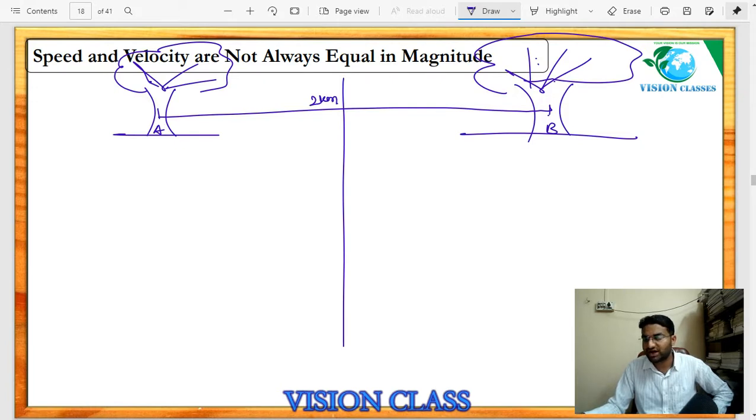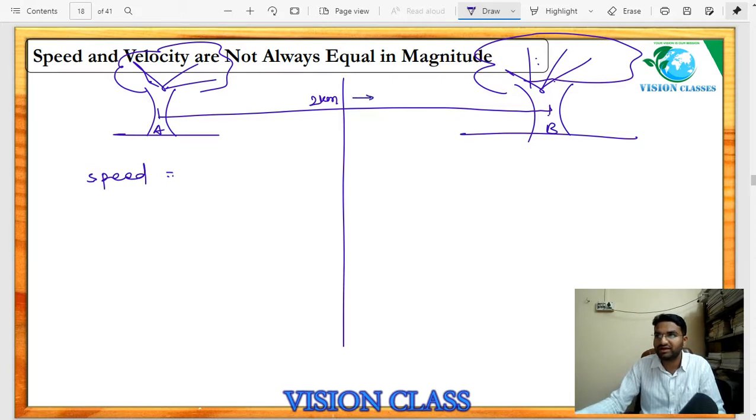One person travels from tree A to B and again comes back to A. Now speed is equal to total distance traveled over time. He took, let's say, 10 minutes one way and another 10 minutes on the way back. So speed is 2 plus 2, which is 4, over 10 plus 10, the time taken.